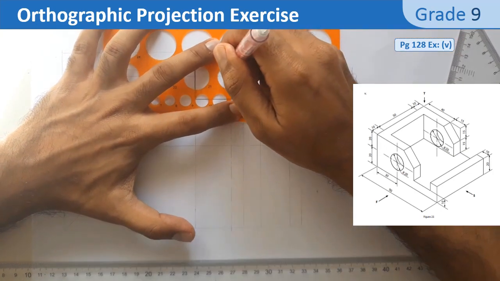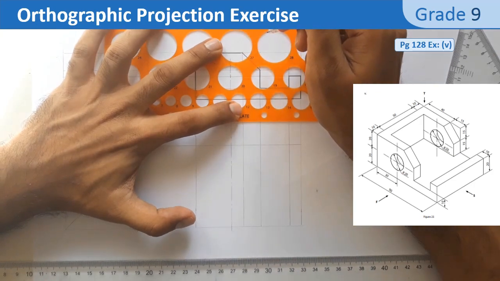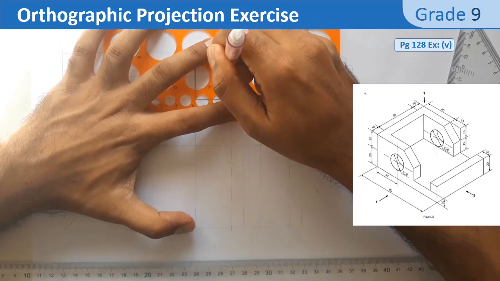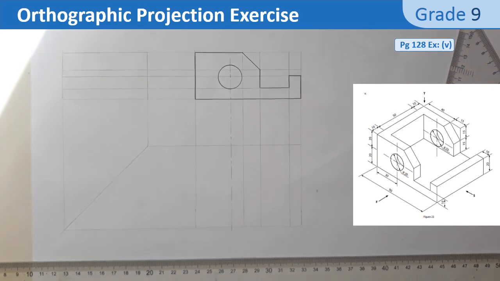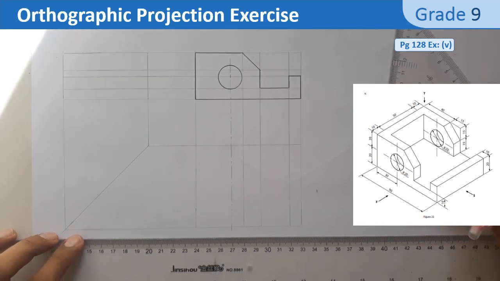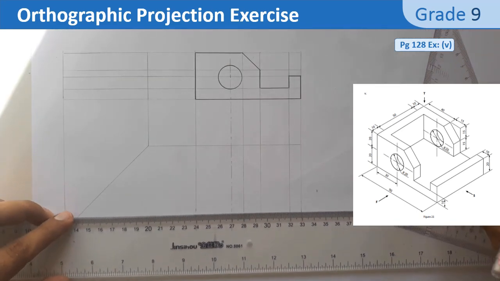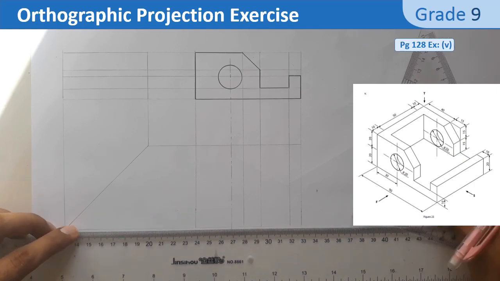I use the circle template to draw the circle. You could also have used your pair of compasses, but with the circle template it's much easier.